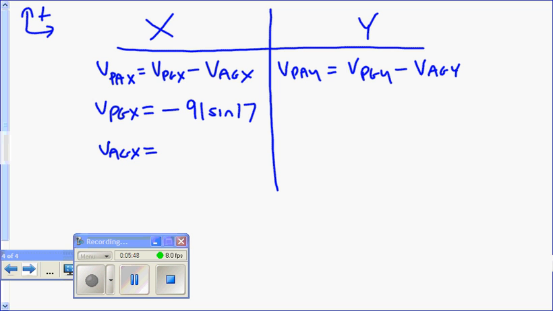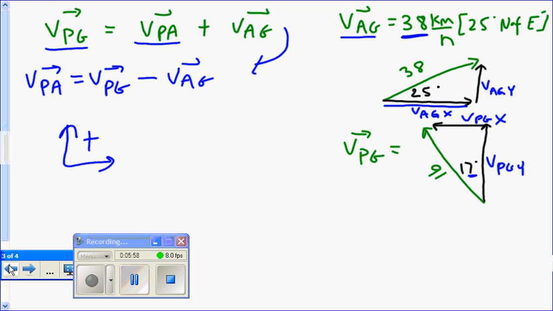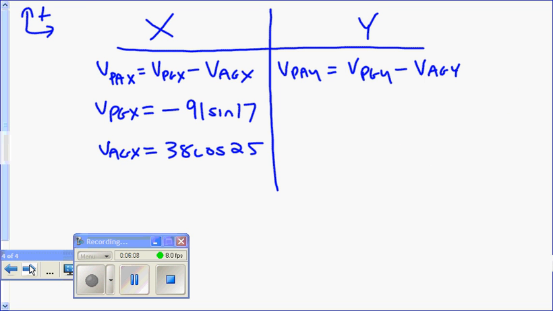VAGx is in the positive direction, it's in the east direction, and it's 38 cos 25. Just take a quick look and see where I got that from. So here it is, VAGx, and it's adjacent to the 25 degrees, my hypotenuse is 38. And that's where I came up with that.